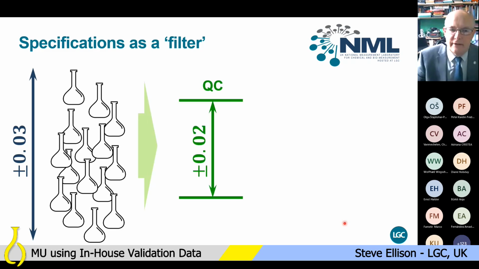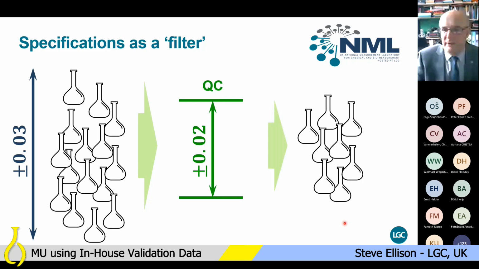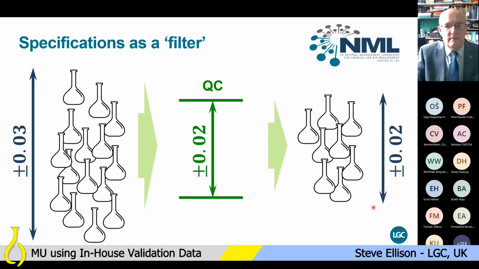And then we apply a quality control check, and things that pass the quality control check get marked Class A. If you had several thousand flasks, you might decide that you need 500 for sale at Class A and more for sale at Class B. So the first 500 that pass are sold as Class A, and any that didn't, and any that you haven't yet tested, get marked as Class B. That gives us glassware where the manufacturer can be sure that they're within plus or minus 0.02.